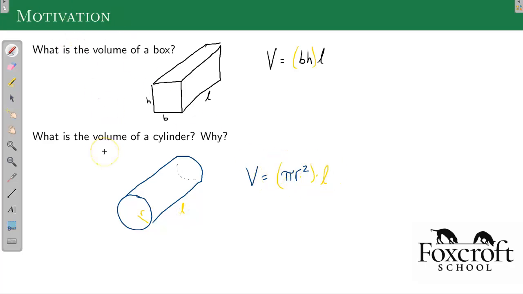So pretty much both of these shapes, and pretty much any shape that's a nice uniform shape throughout, you take the area of one of the sides and just multiply that by how long it is. All right, so it's just the area of the circle at the end, and you multiply by how long it is. We're going to use that to our advantage to figure out these more complicated shapes that we're going to find the volume of.